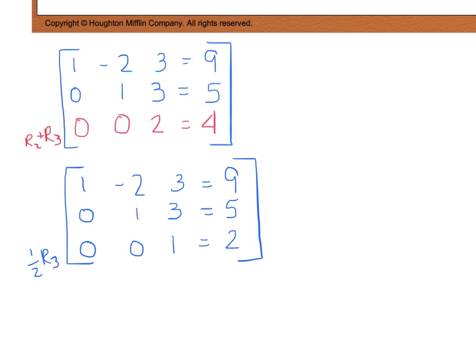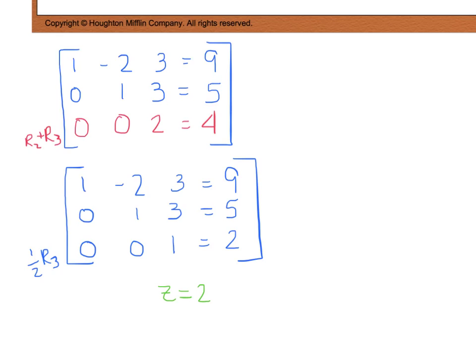At this point, what that tells me is that this is really my Z row, so I just figured out that Z equals 2.